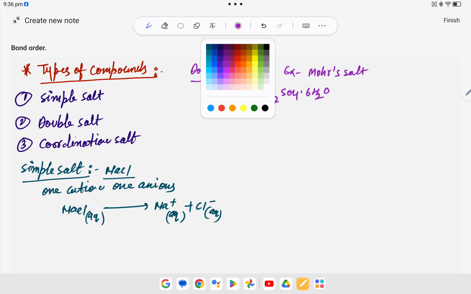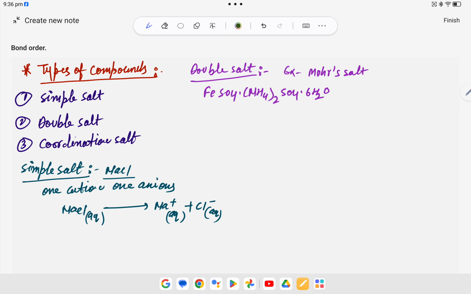This is the molecular formula. If you are mixing it in water, then each ion will be separated: Fe plus 2, SO4 minus 2, and NH4 plus.